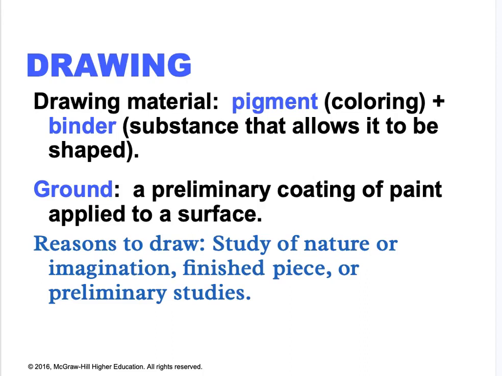Leaving a little bit of it behind as you scrape it across the surface, and that's what makes the line. Different media require different grounds, and we'll talk about that a little bit as we go through, but you just oftentimes have to have that in order to make it leave its mark behind.